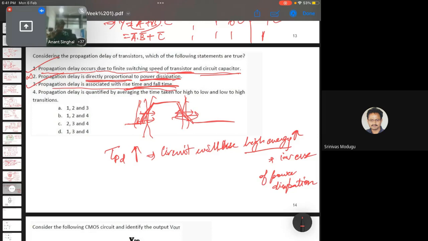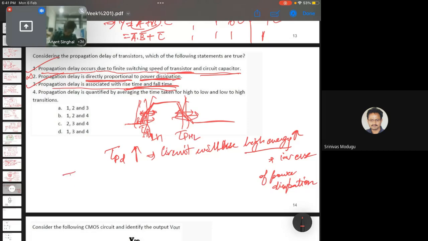And if we talk about propagation delay being quantified by averaging the time taken from high to low and low to high, this is tau propagation low to high, and this is tau propagation high to low.